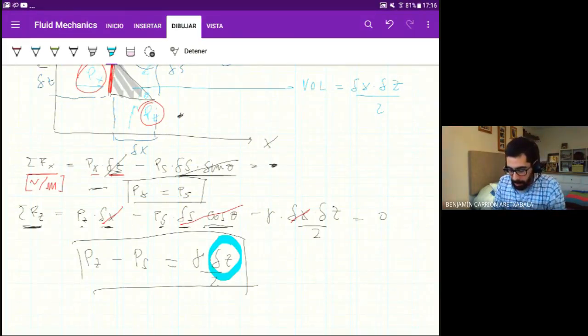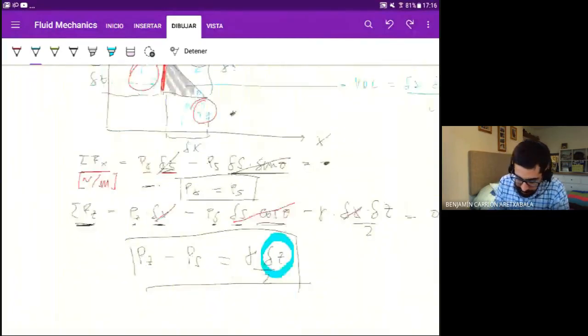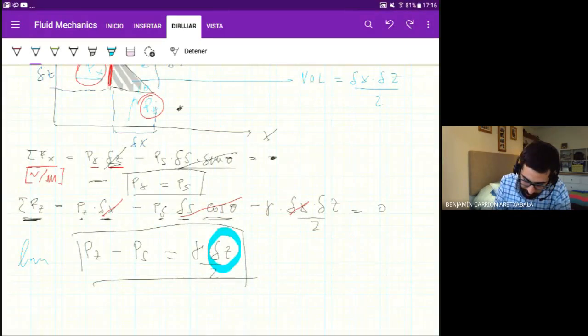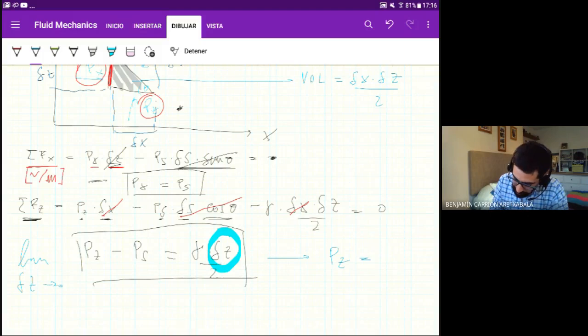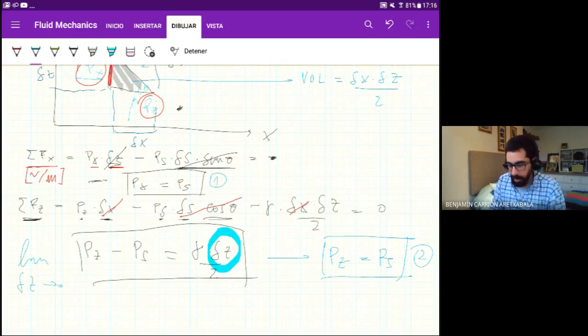Okay, so if you take the limit when delta z goes to 0, then the limit of this is that Pz equals Ps. So we have this equation and this equation.